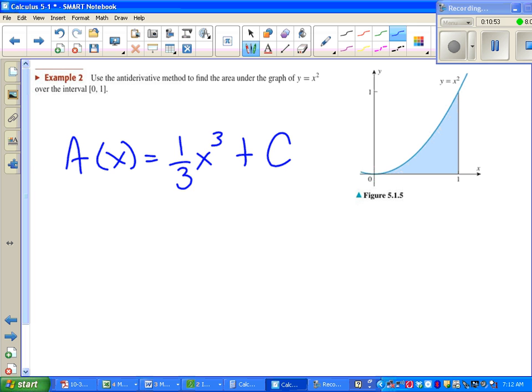To figure out what that c should be, let's take the point that we know. If we want the area just between 0 and 0, we should all agree that the area of this curve from 0 to 0 is 0. So we'd say if x was 0, the area should be 0. So let's plug that into the equation and see what c has to be.